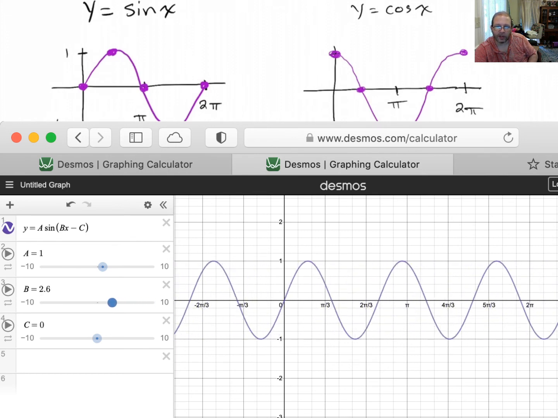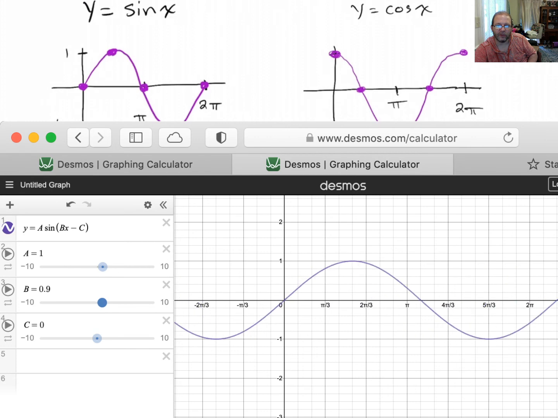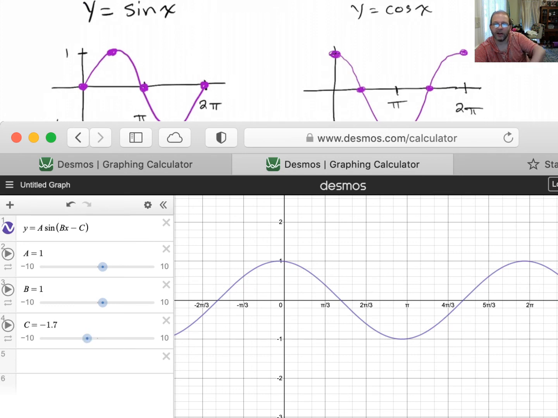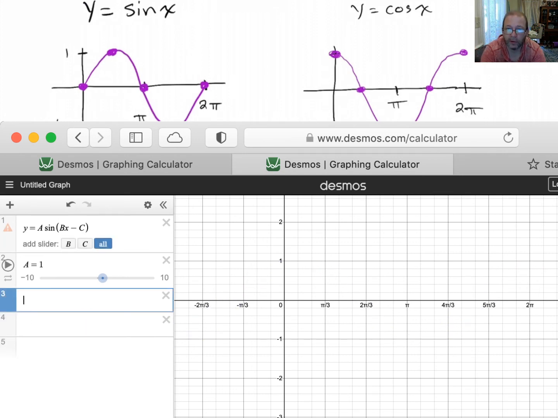Now C, we're not going to talk about it a lot until we get to the next topic, but C does what's called a phase shift. If I move C back and forth, it adjusts the left to right phase of the thing. So kind of an interesting thing, if I move C over here to negative, well, if I could make it negative pi over 2, whoops.